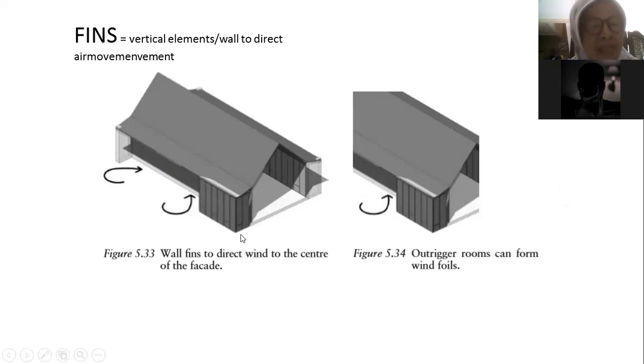We can say that the fins are like small rooms, but vertical, perpendicular to the facade with openings. The other outrigger rooms can form wind foils.